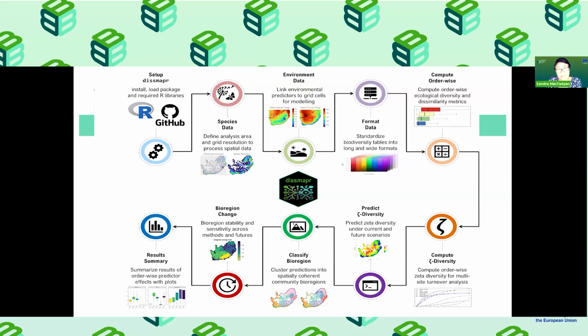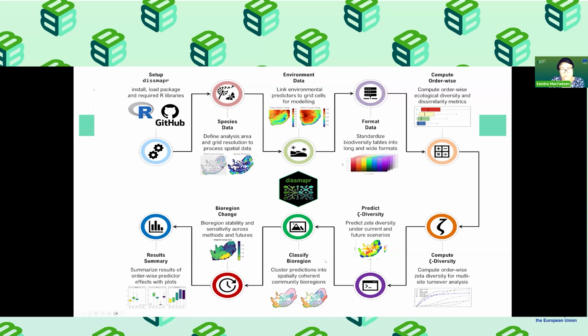In this case, you will have the same environmental variables. But if you want to project into future scenarios, we will take environmental data that's changed. If you've got future climate predictions, you can substitute those out and run it again and look at how those patterns will change.